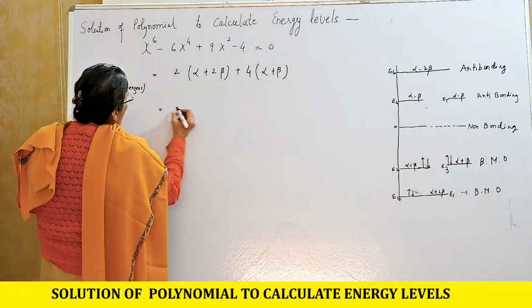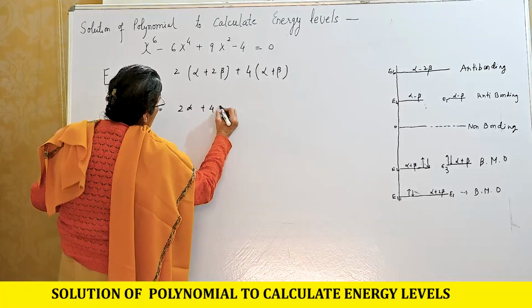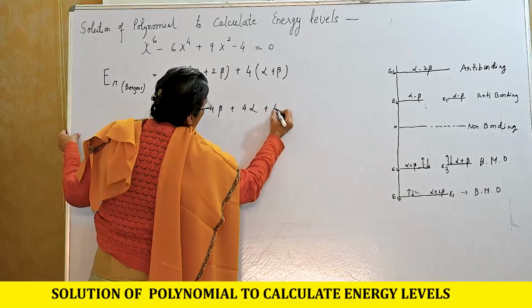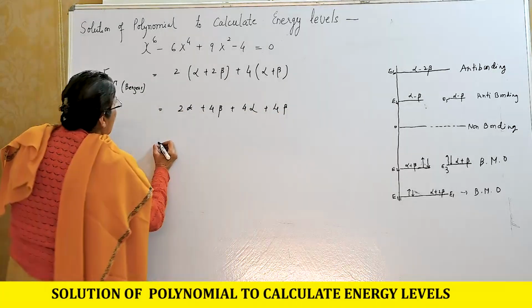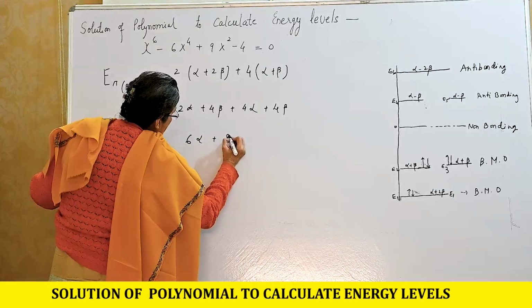This is 2 alpha plus 4 beta and plus 4 alpha and 4 beta. Thus we get 6 alpha plus 8 beta.